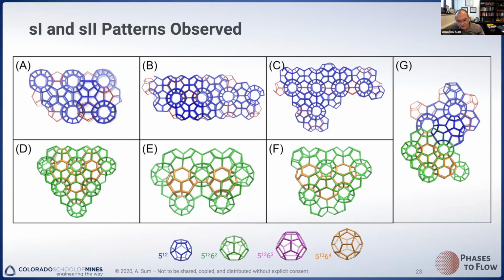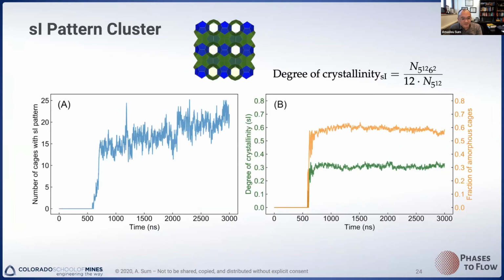And in the bottom row here is a lot more like structure 2. And the one that's labeled G is sort of a combination of structure 1 and structure 2. So unlike in previous studies with just pure methane that it was mostly amorphous, having methane propane, we actually induce a lot more of this long-range order and crystallinity. And so we can quantify that.